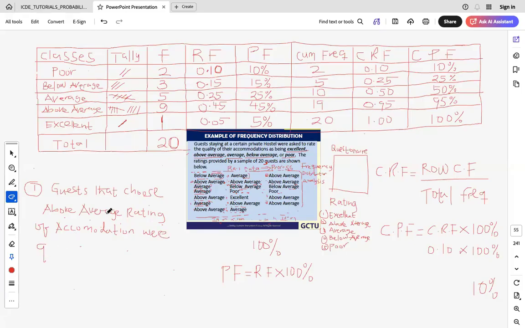Guests that chose above average rating of accommodation were 9.